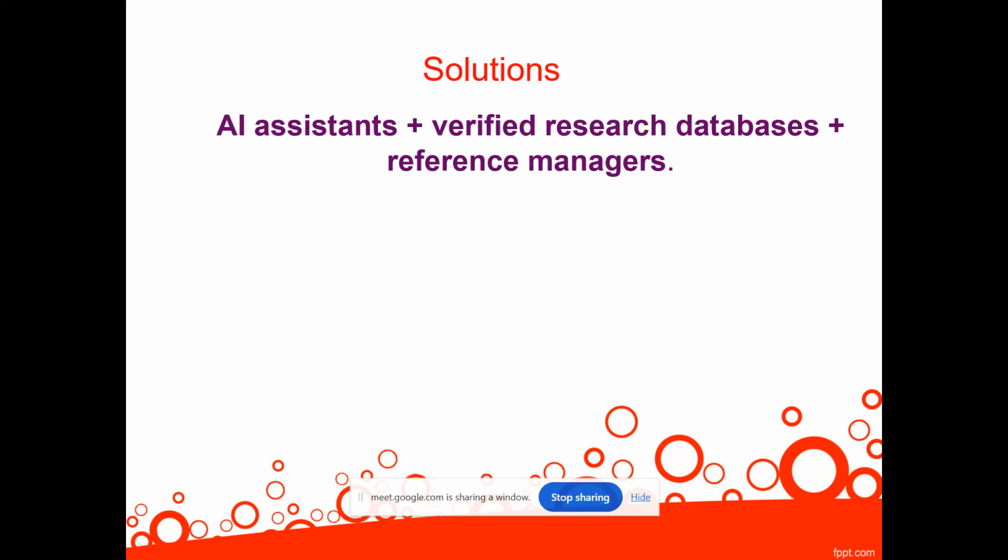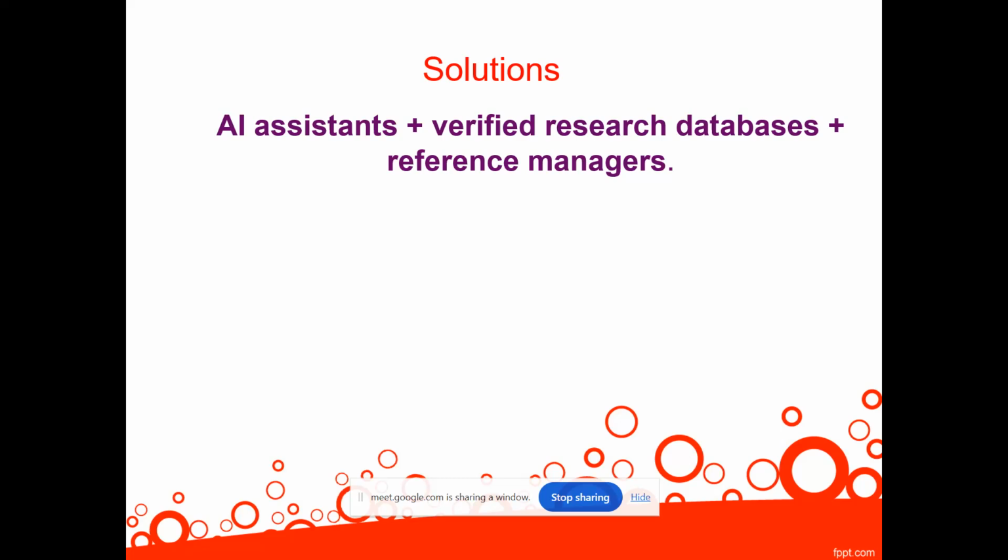The solution is we need to use AI assistants like GPT, plus some verified research databases. There are some databases which are completely verified, and you can completely trust those websites or databases. Then we can use reference managers to do the citations.